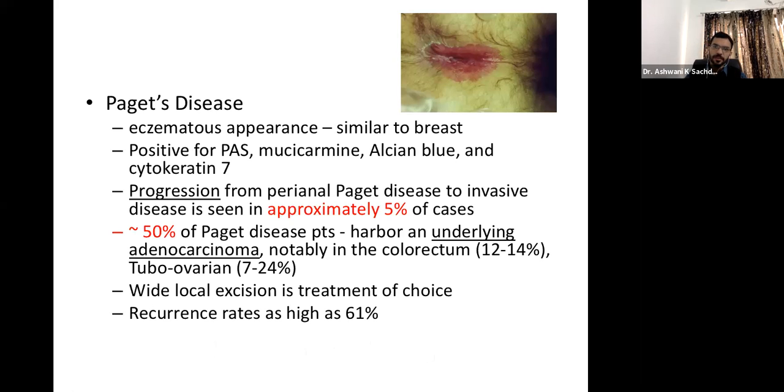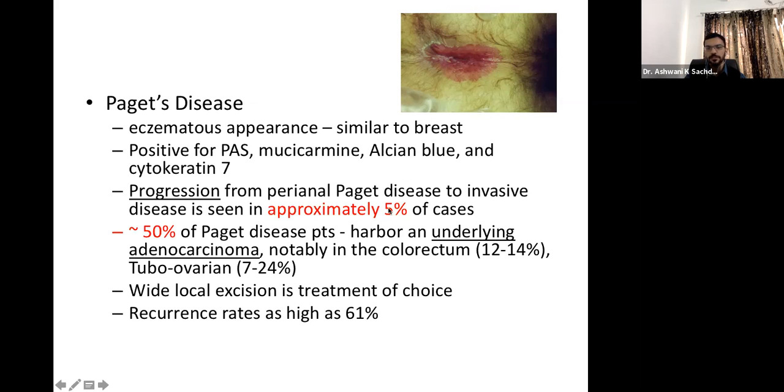And Paget disease is also similar, like in the breast, it has an eczematous appearance. You can see the eczema around the anal verge, and they are usually positive for PAS, mucicarmine, alcian blue, and cytokeratin 7. Progression from perianal Paget disease to invasive disease is seen in only about 5% of the cases.